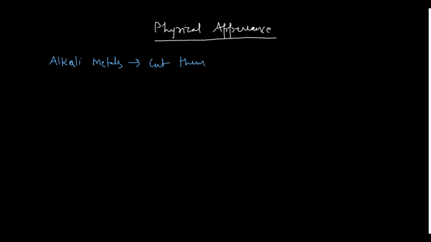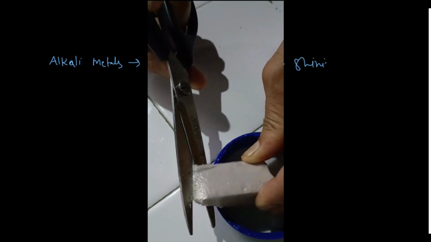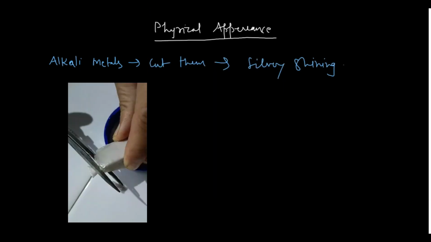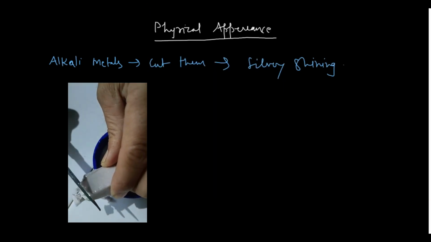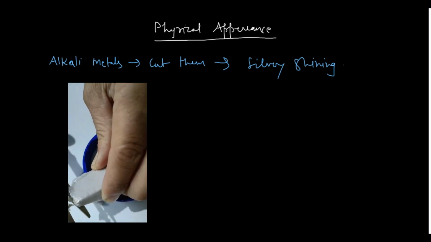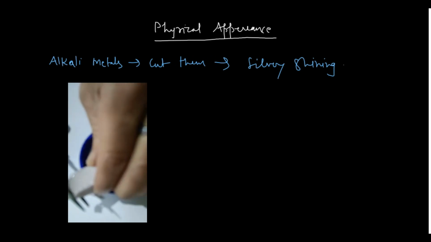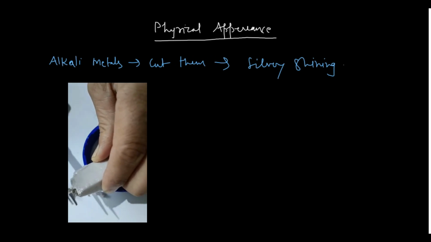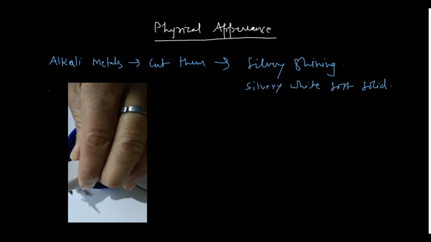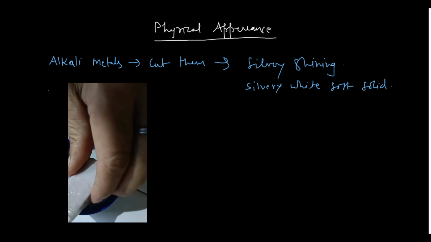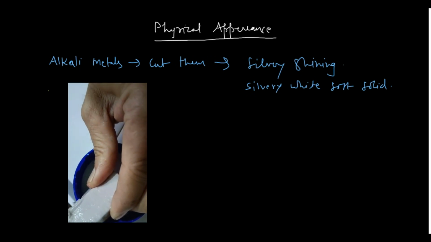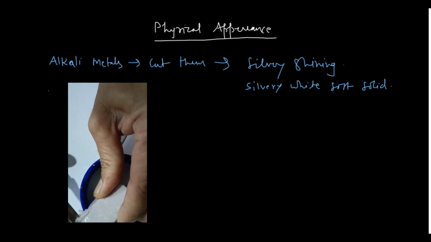You can cut them with the help of a knife or a blade, and when cut they give you a silvery shine, that means they shine like silver. Starting from lithium up to francium, they all are silvery white solids, and they are so soft that they can easily be cut with a knife, a blade, or any sharp thing.